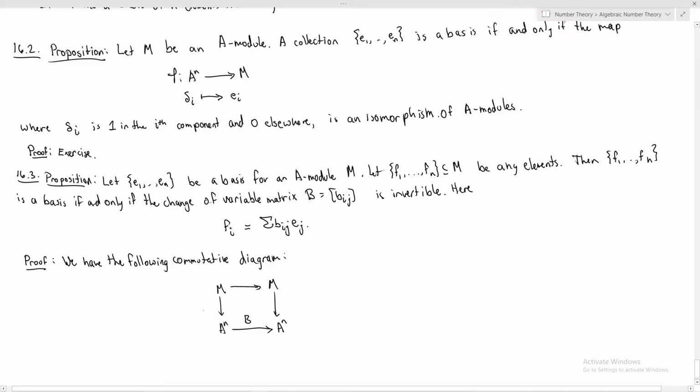So on the left and on the right, I have essentially these maps up here. If this is the one corresponding to E and this is the one corresponding to F, maybe they should be like inverses or something like this. Maybe I'll just make the arrows go the other way.